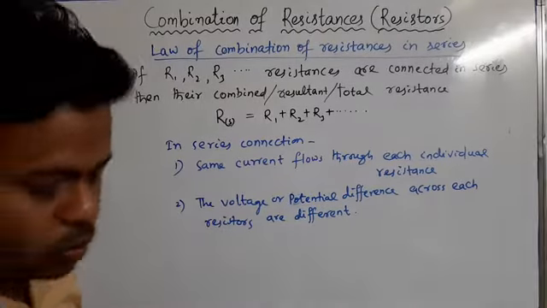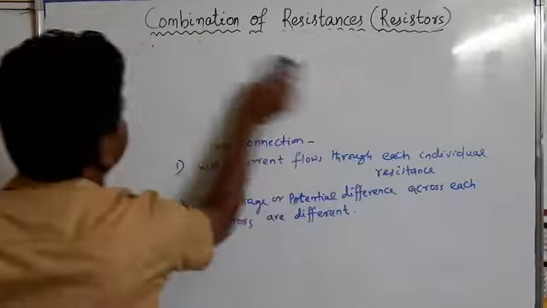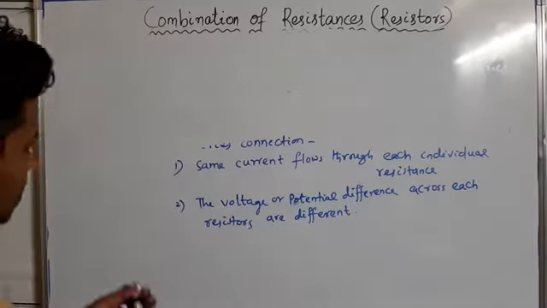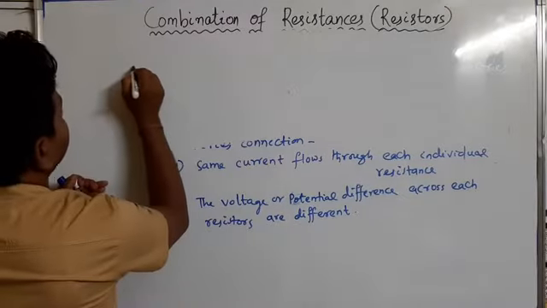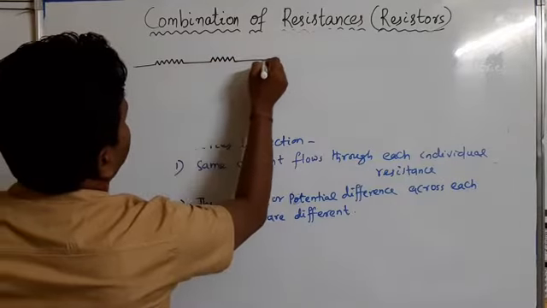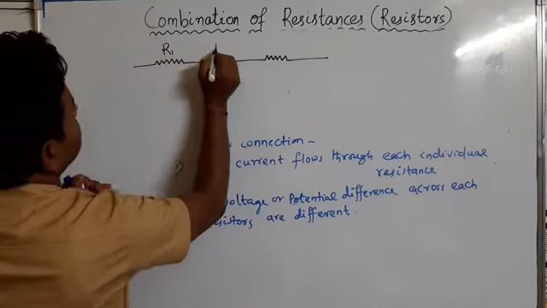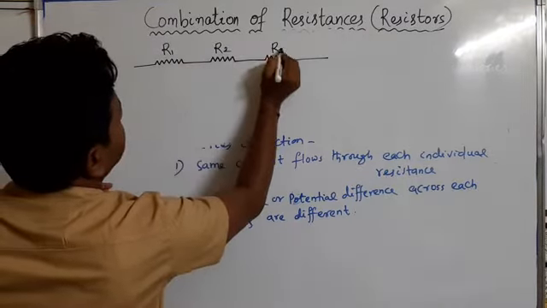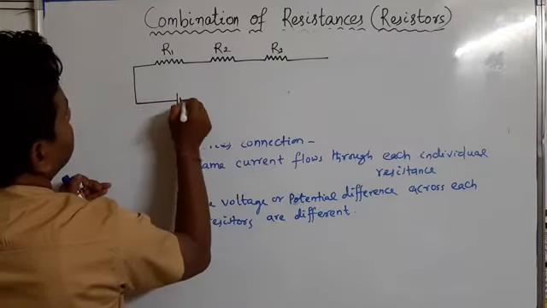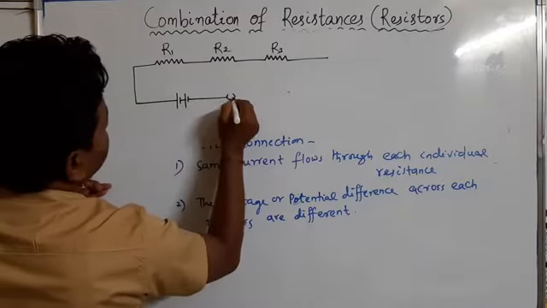So we will draw a diagram here so that it will be more clear. Let us take three resistors here. This is R1, this is R2, this is R3. It is connected with a battery and a switch.